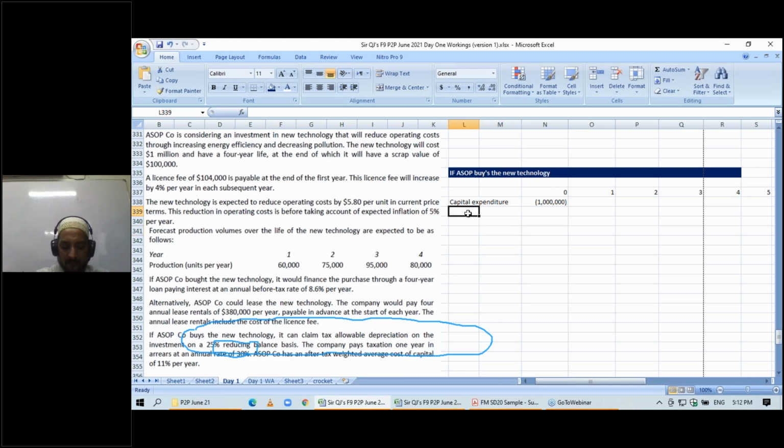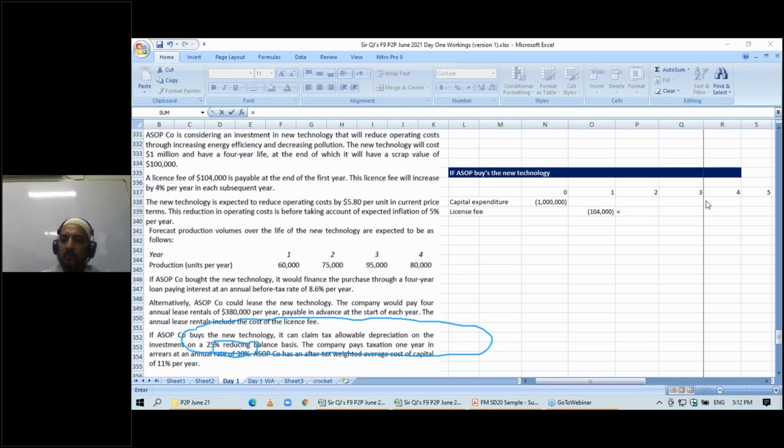Then ASOP will have to pay the license fee, and the license fee of 104,000 is payable by the end of year 1. So I'm taking it at year 1. Year 1 means the 12th month, and then the license fee will increase by 4% as per the question.